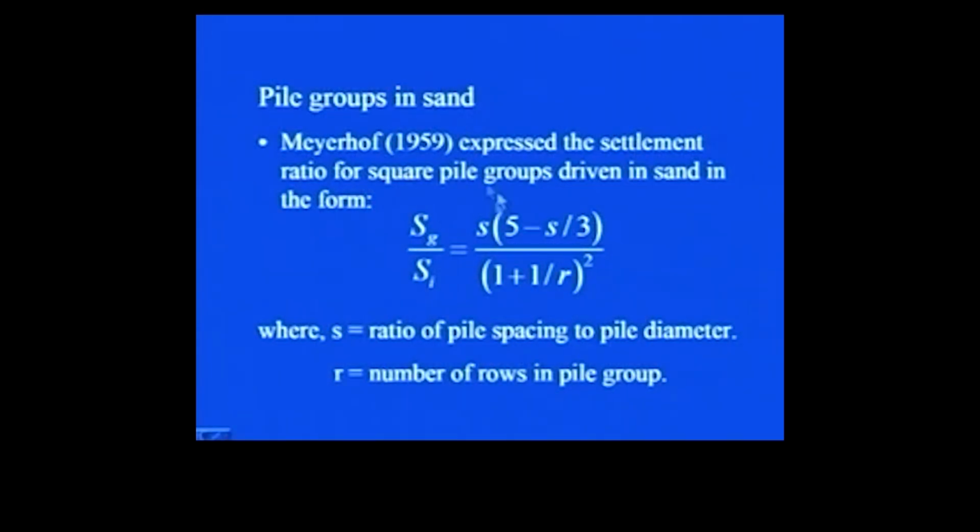Since it is square piles, in both directions the number of piles are going to be same. That is why this is valid for square pile groups.